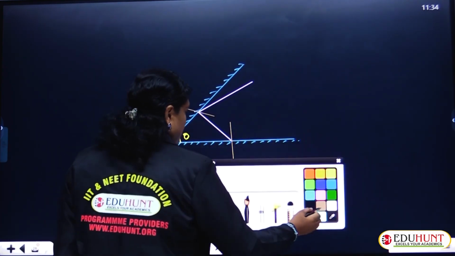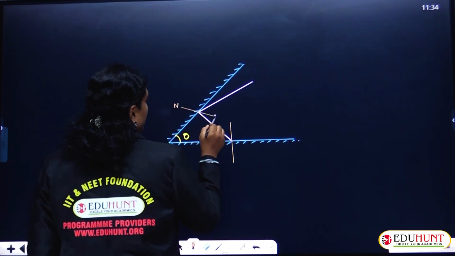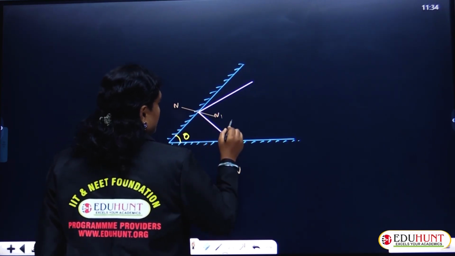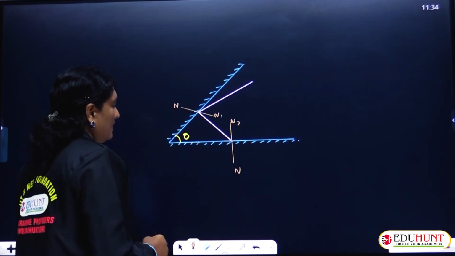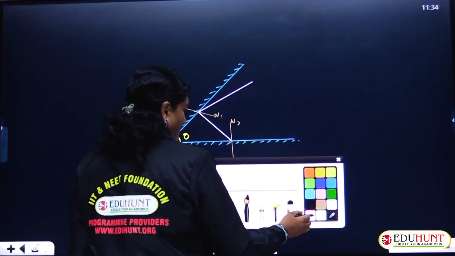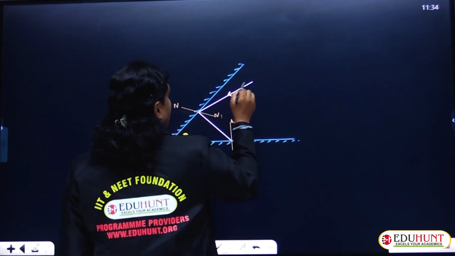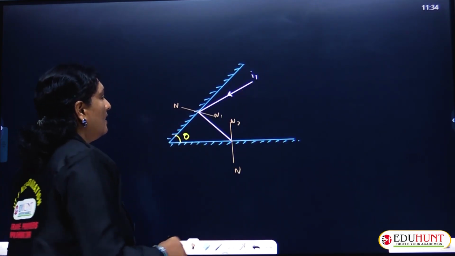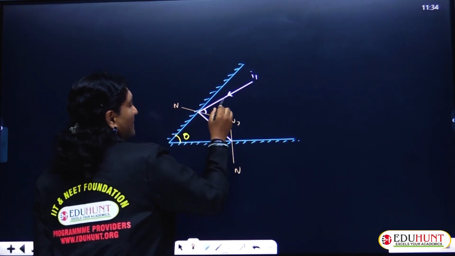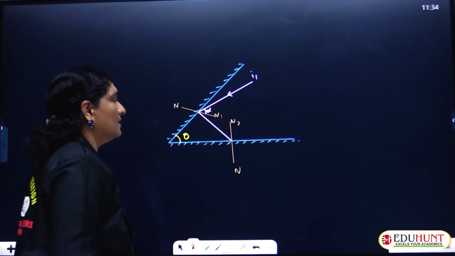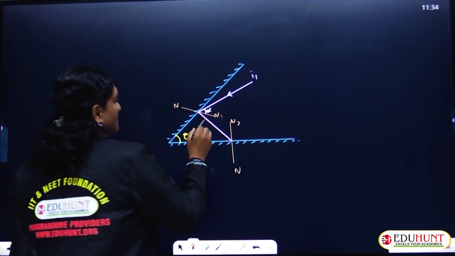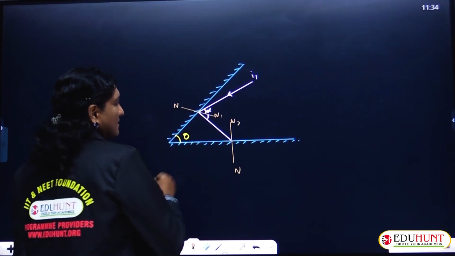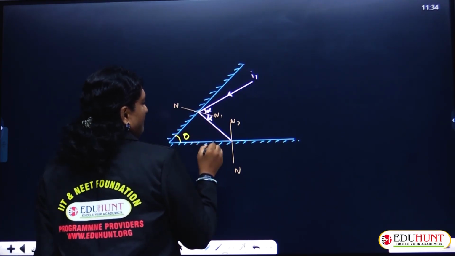Let us mark this normal as n1 and this normal as n2. Okay. So, on this, this is your incident light ray. First incident ray, let me name it as I1, and this is the angle made by the incident light ray with the normal, and this must be your angle of reflection, the same alpha.